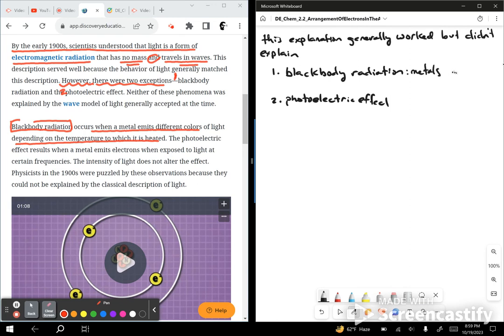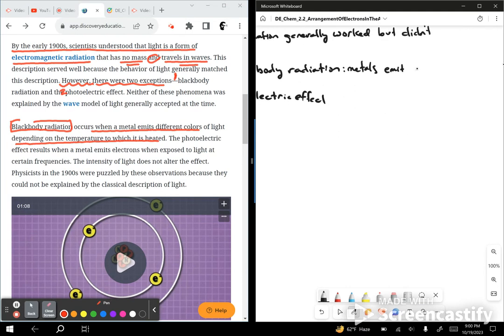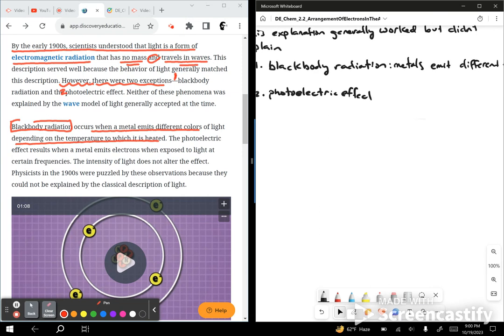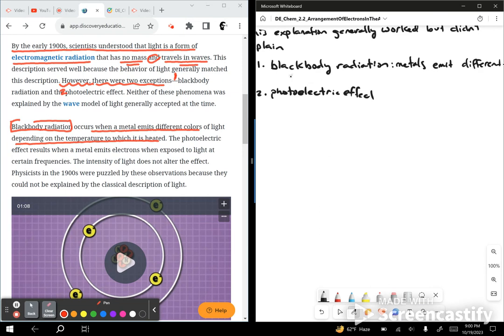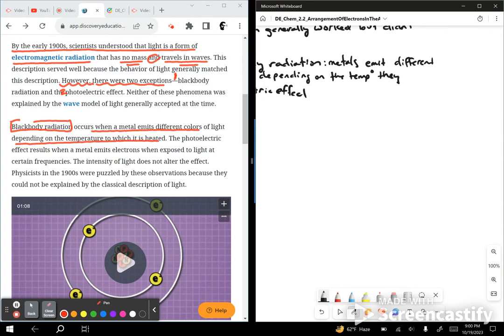Metals emit different colors depending on the temperature they are heated to.